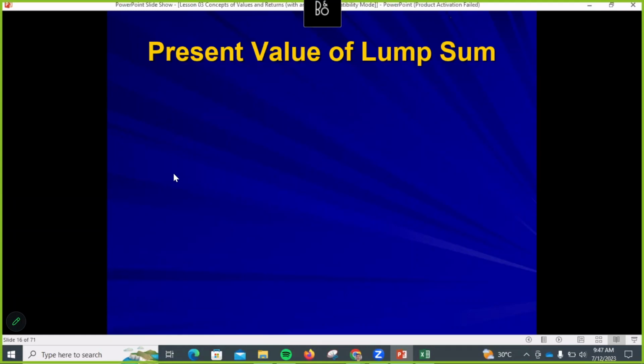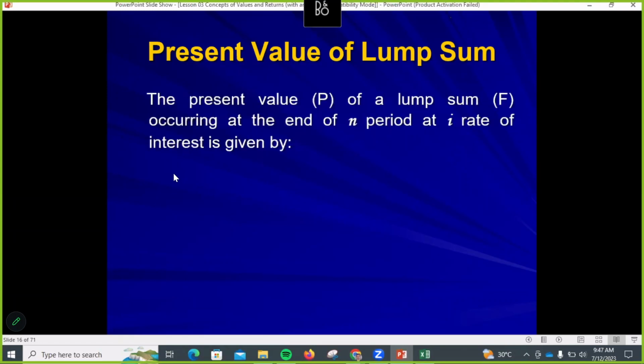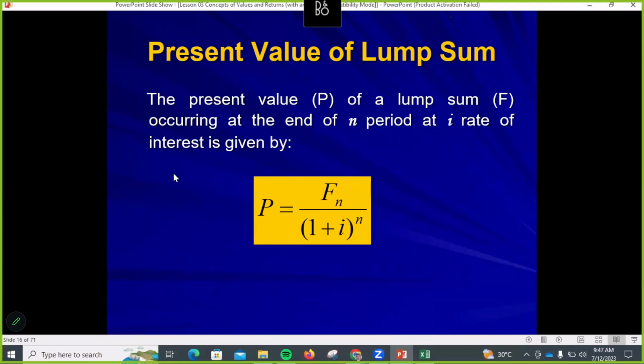The present value of a lump sum is defined as the P value, and the future value is called the F value. The number of periods is denoted by small n. The interest rate is denoted by small i. So you can write an equation like this: P is equal to Fn over (1 plus i) to the power n.